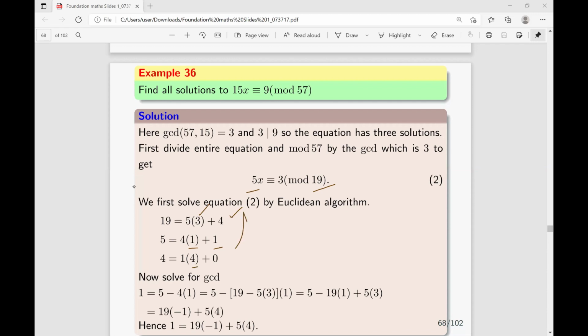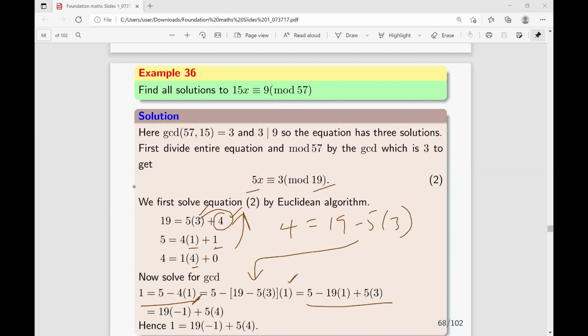Now reverse, using the extended Euclid's algorithm, make 1 the subject, and you have this. When you make 1 the subject of the formula, then substitute for 4. The equivalent of 4 is 19 minus 5 multiplied by 3. Where 4 is, write the equivalent. Then open the bracket, you have that.